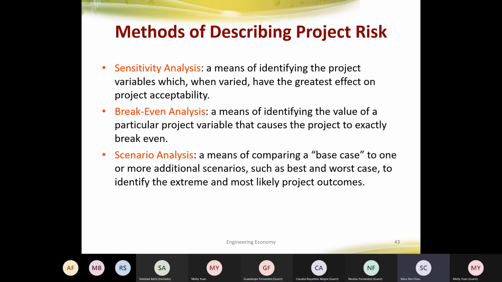And the most likely scenario is the base scenario. That is, this is probably the case that will happen, but we are not sure. In the worst case and in the best case, we also want to find the consequences. Then we'll use these three references for making our decision.